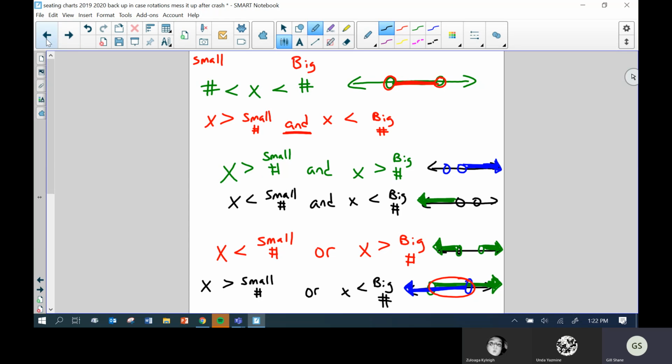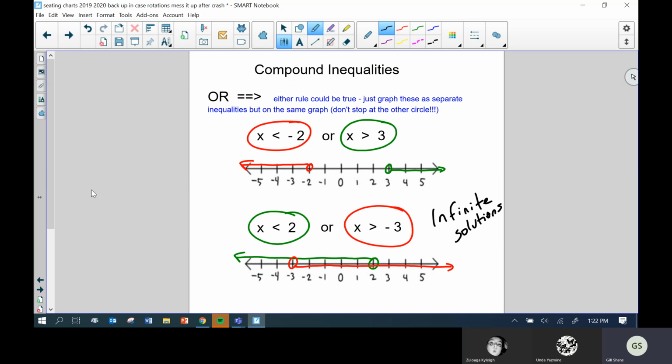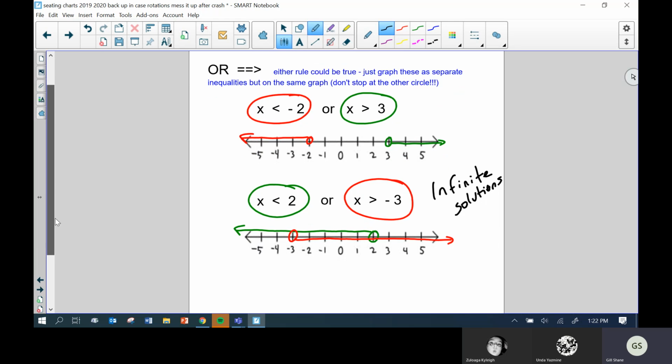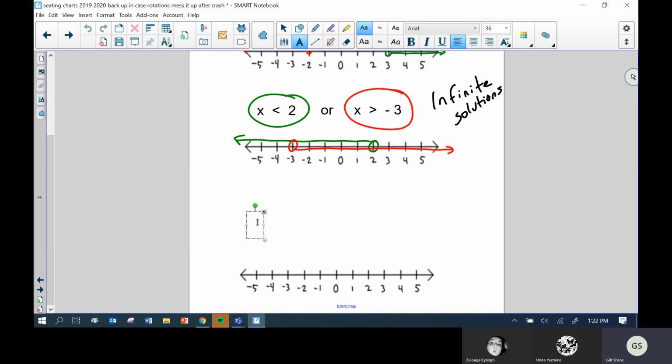Here are the final or examples for those of you that are watching the recording. So if I had an example of x has to be less than 3, or x is less than, we'll say, -1.